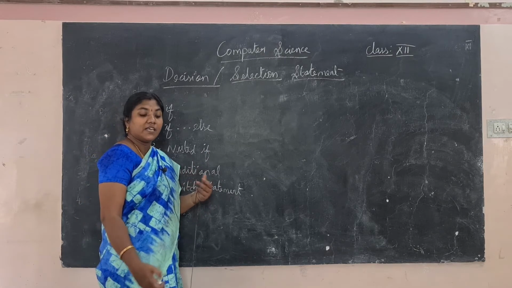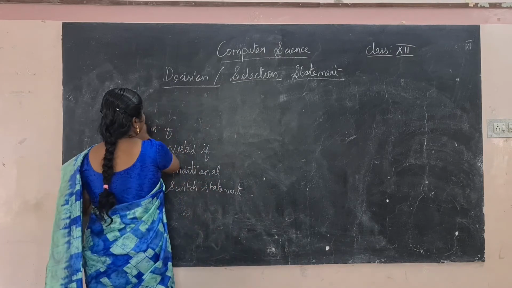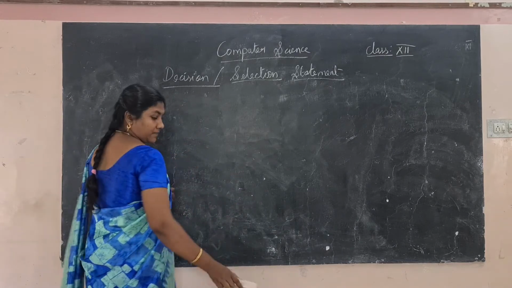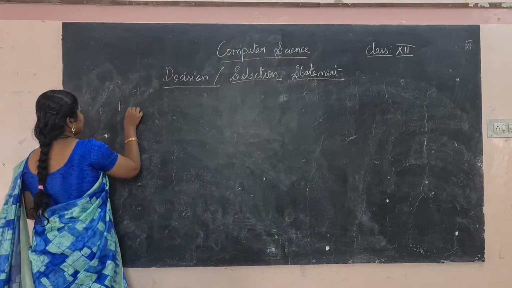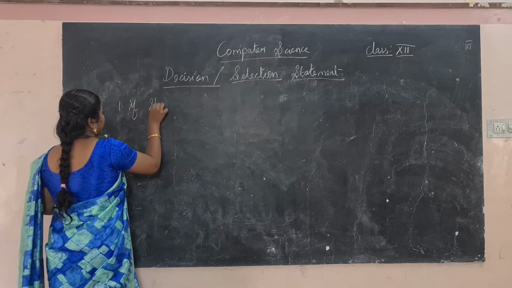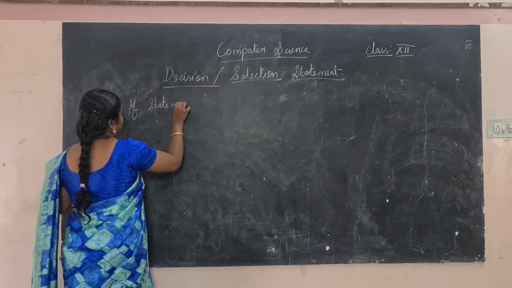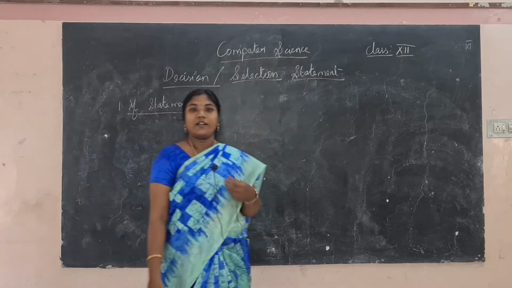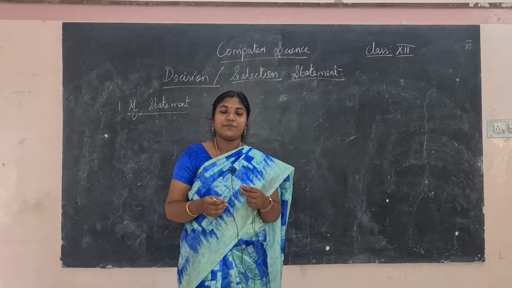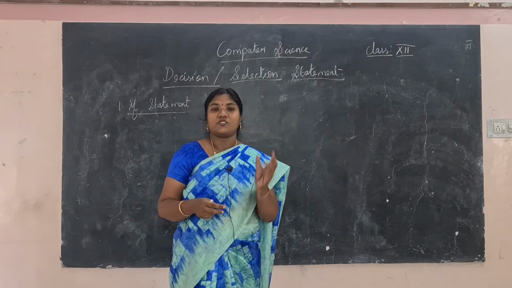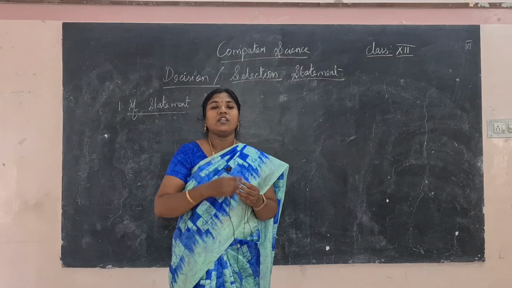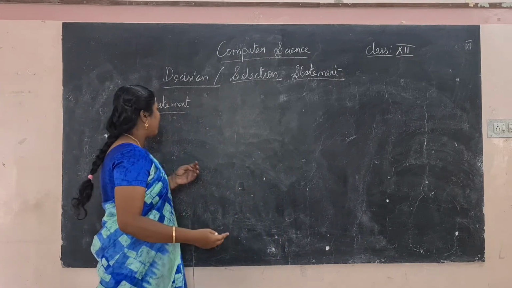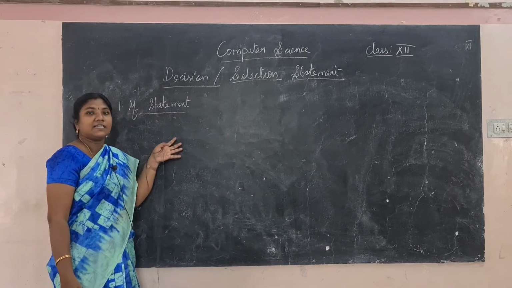Now we will see the if statement first. As I have said already, a decision statement or selection statement is based on a condition. It will check a condition, and only then will the flow of control move or jump to another part. Now let us see the syntax for it.